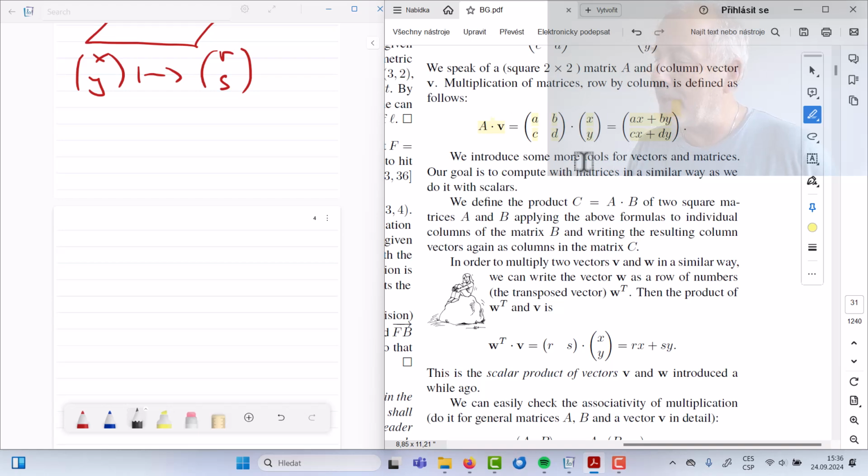So I multiply this way, A times X, B times Y. And if I have more columns, I can do it with the second column as well. So if I multiply a matrix with another matrix, then I get again a matrix, right? And this is called scalar product.